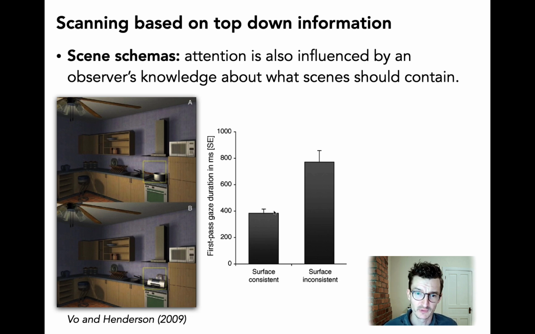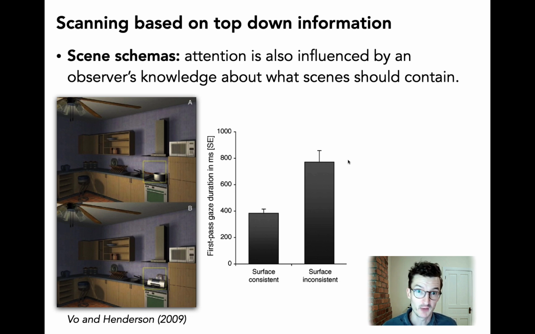But look what happens if we replace that pot with something that's inconsistent with this mental model you have in your brain of what kitchens should contain. If we replace the pot with a printer, we find that people spend a lot more time paying attention to that unusual item because it seems out of place.